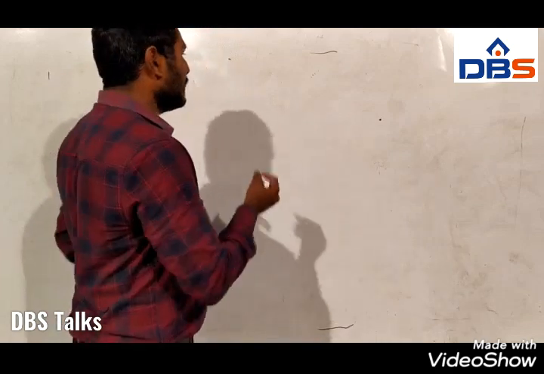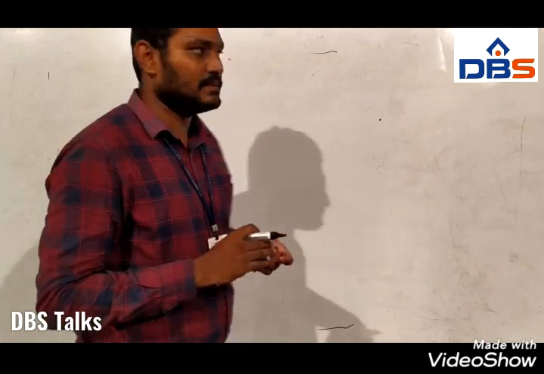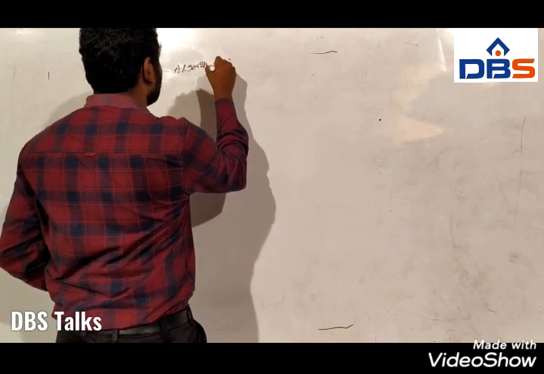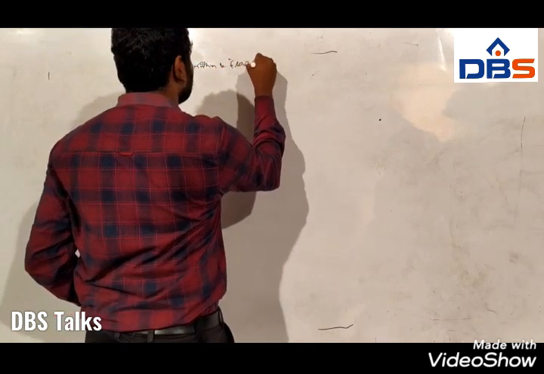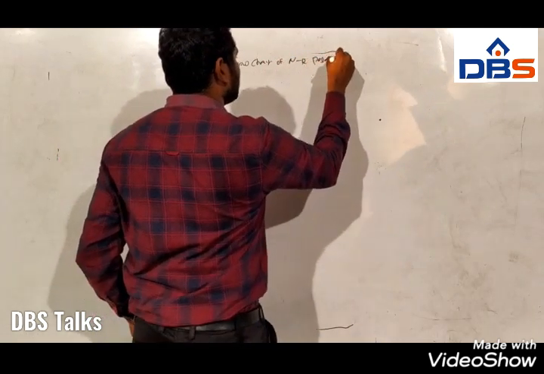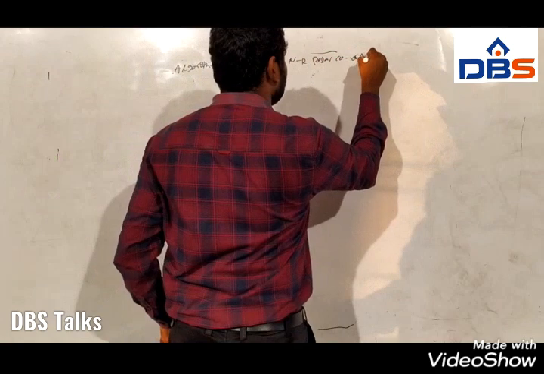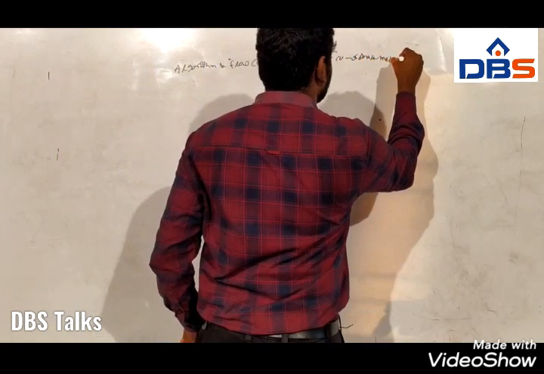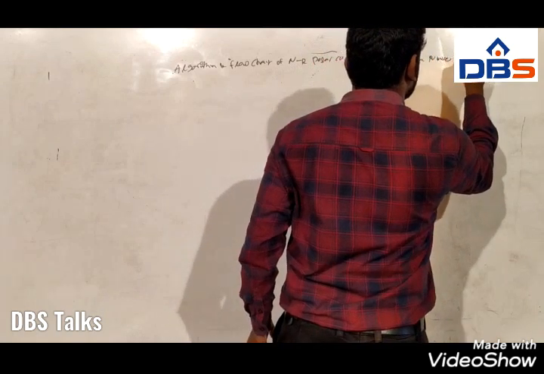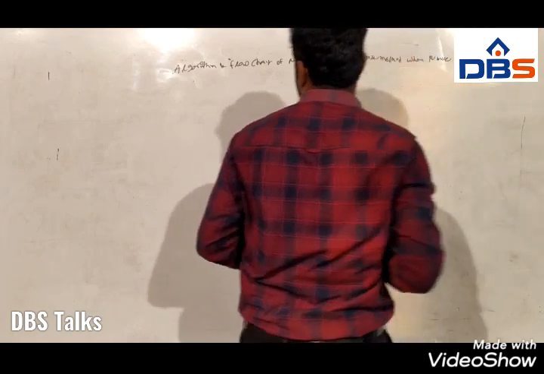In the early session, we discussed the algorithm and flowchart of the NR polar coordinate method when PV buses are absent. Now in this class, we will discuss the algorithm and flowchart of the NR polar coordinate method when PV buses are present.